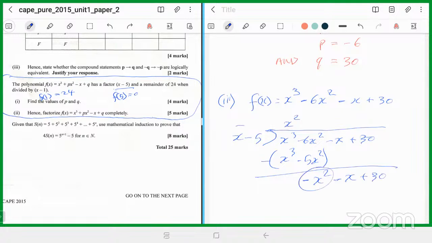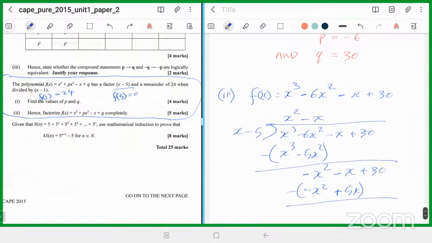Then this one divided by this gives me negative x. Negative x times these becomes negative x squared plus 5x. Subtract this, minus 5 minus 1 from minus 6x. So again, minus 6x plus this 30 comes back down here.